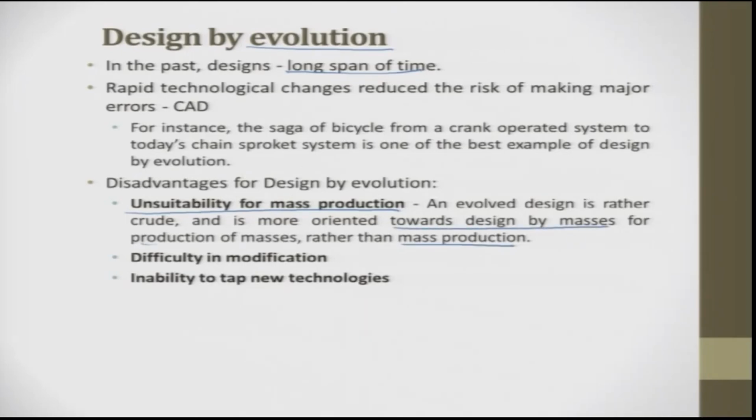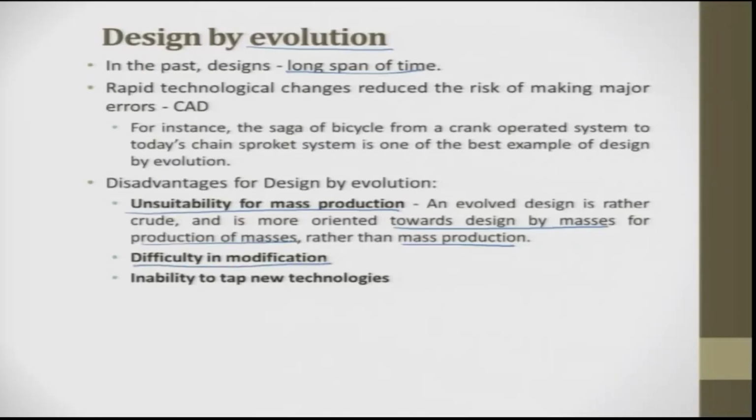Please underline this, and it is very interesting: towards design by mass. All of them contributed in evolving the design, and it was very heavy production of masses, but it was never good for mass production. Another disadvantage of design by evolution is difficulty in modification.